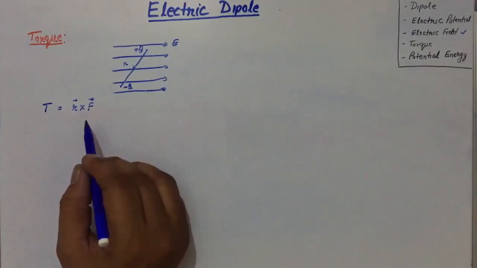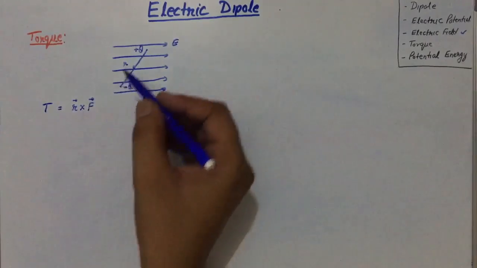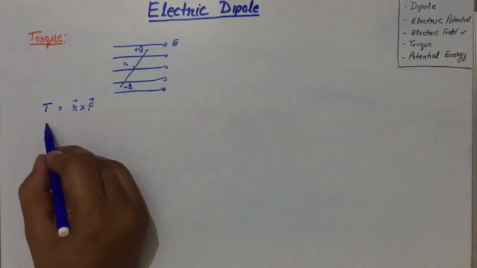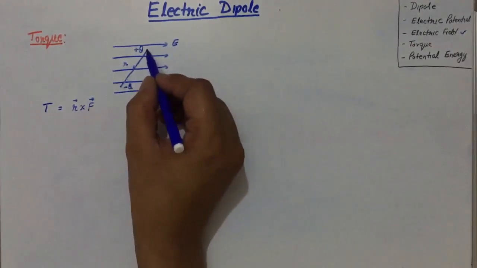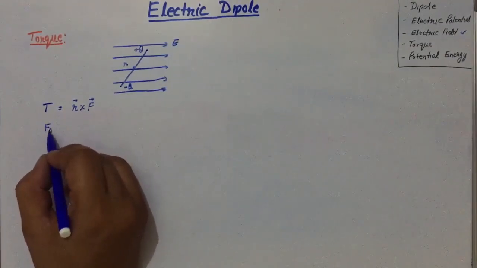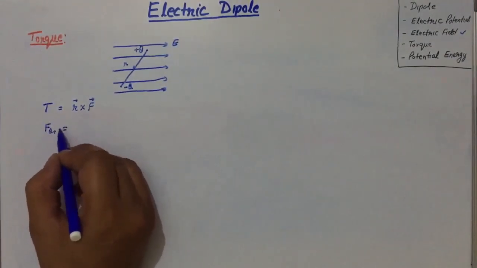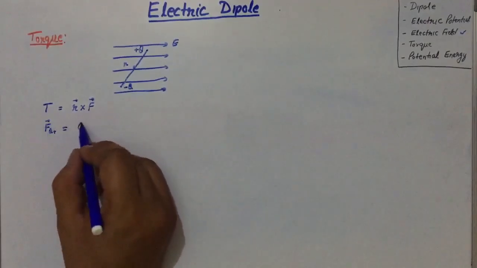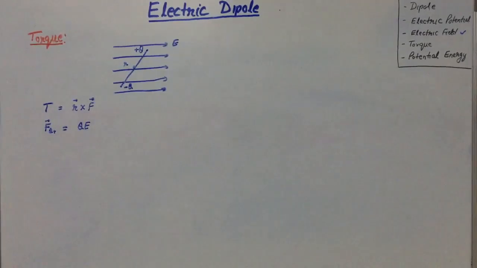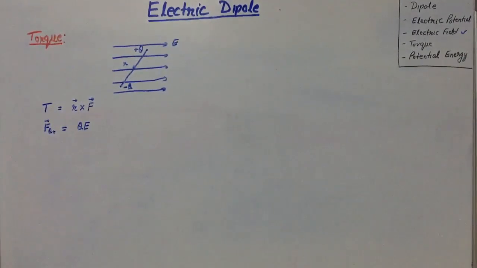And we know if any charge is placed in an electric field, then the force on the charge can be the charge into the electric field. From the formula we know, we have derived it already.